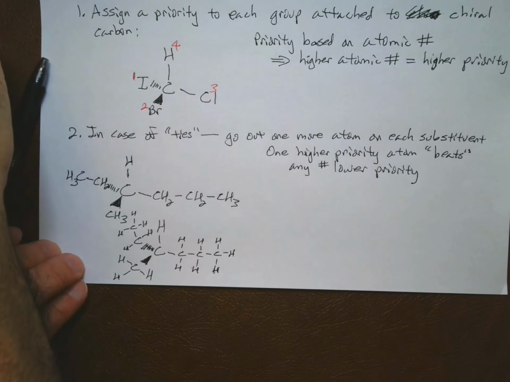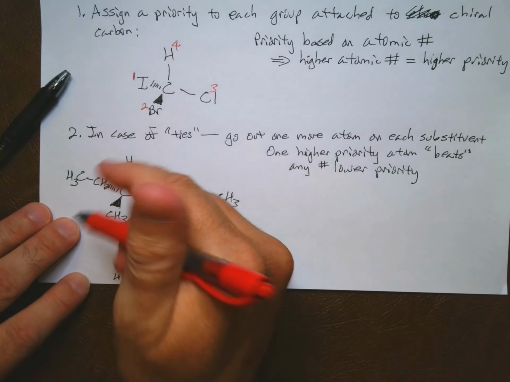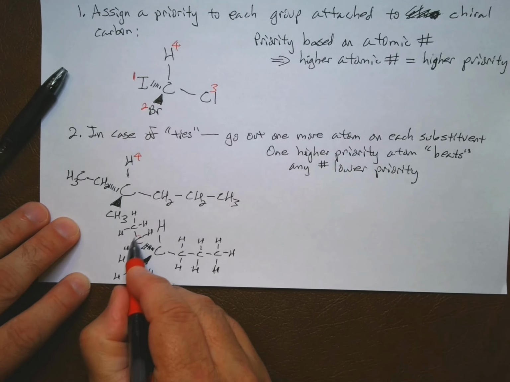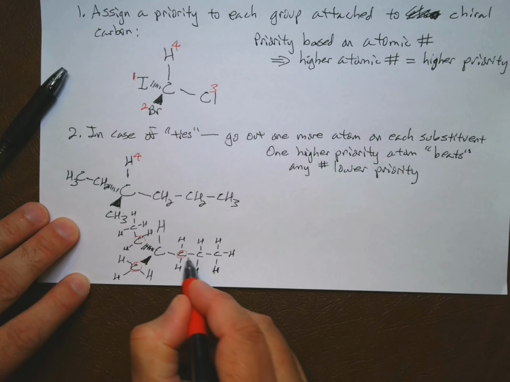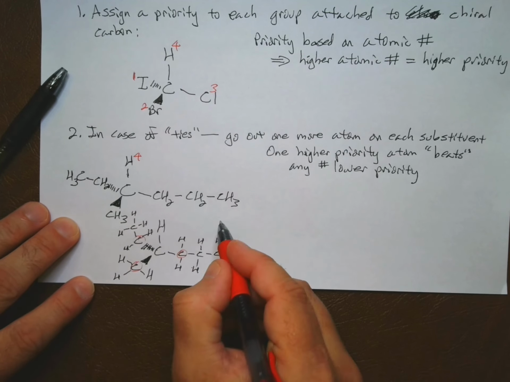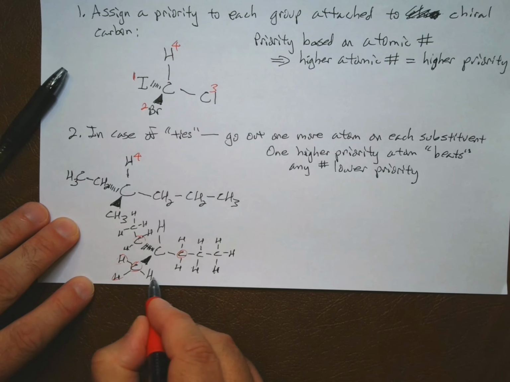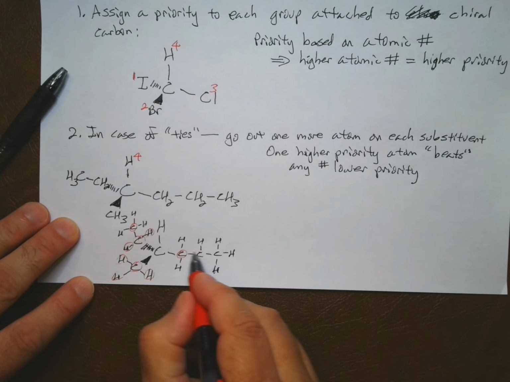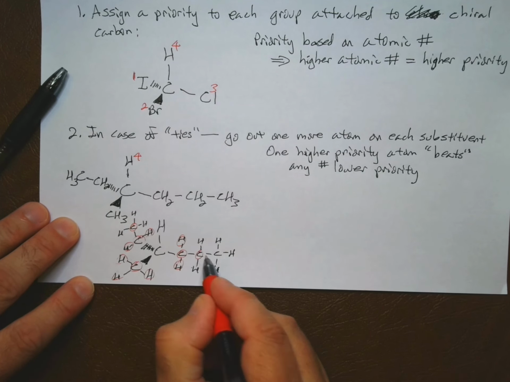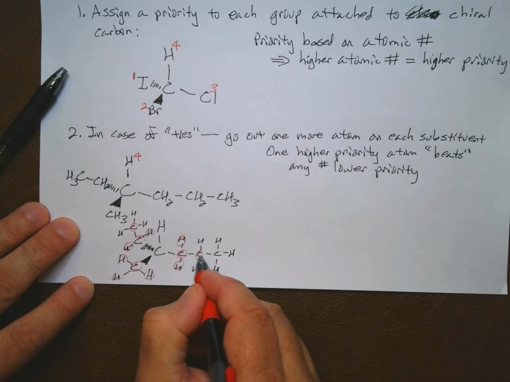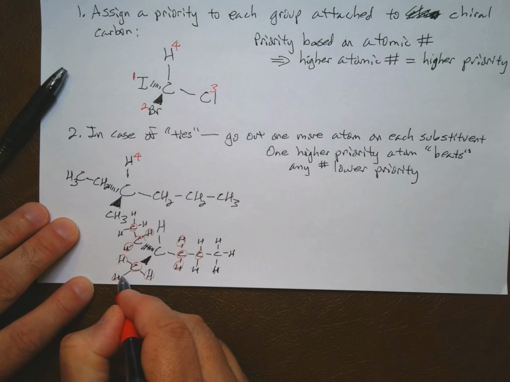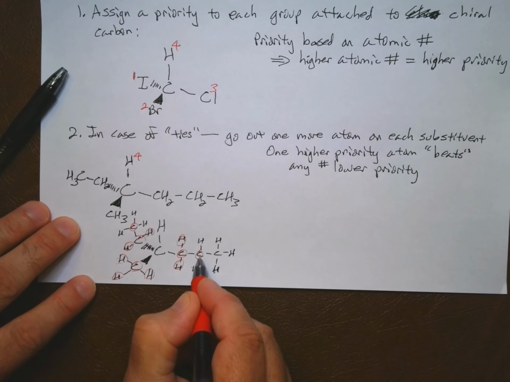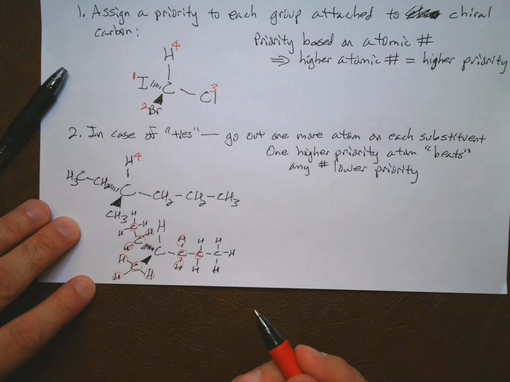We know that hydrogen is going to be our lowest priority, so I'm going to call that a 4. We go out one atom, and we've got carbons. Those are all a tie. So now we'll go out another atom. Here I've got 3 hydrogens. Here I have 2 hydrogens and a carbon. Here I have 2 hydrogens and a carbon. So 2 hydrogens and a carbon is higher priority than 3 hydrogens, because a carbon is higher than a hydrogen.